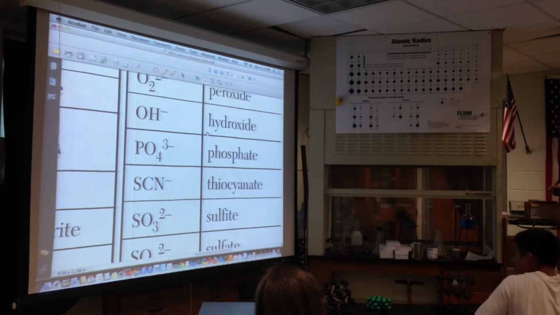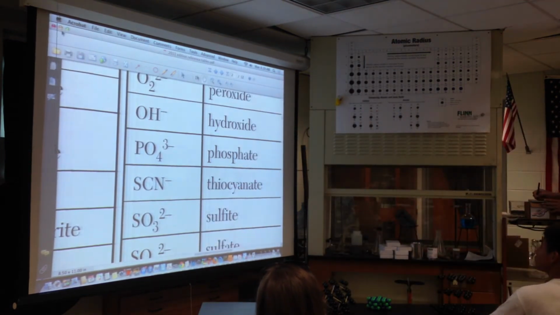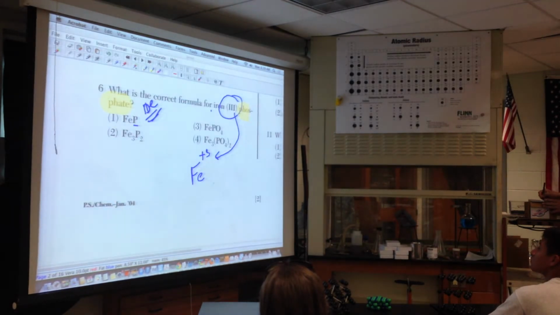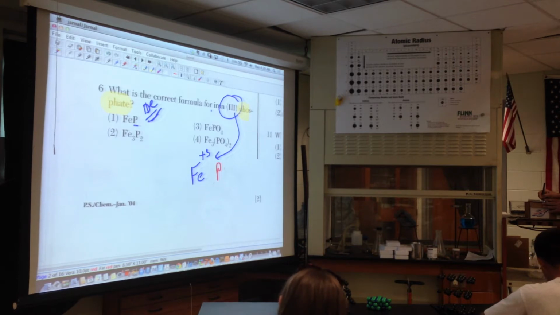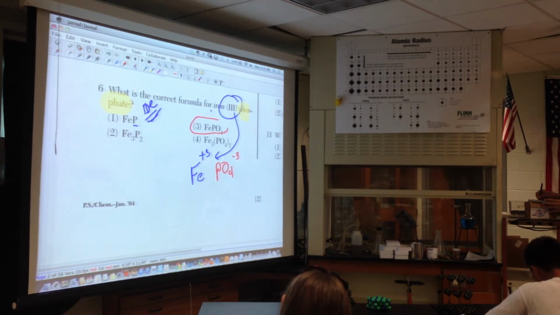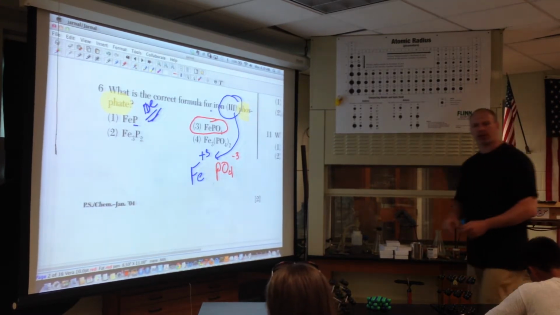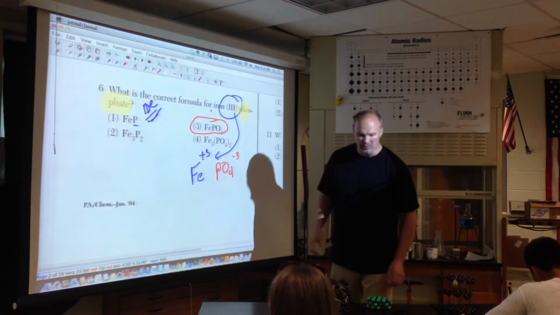In any case, this cluster has covalent bonds, which is important. So back to reality. Phosphate is PO4 -3. This thing is +3, this thing is -3. It's a 1-to-1 ratio. Now, is that an empirical or molecular formula? Yes.